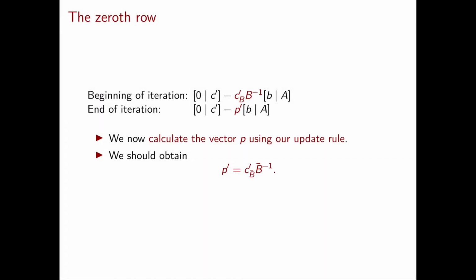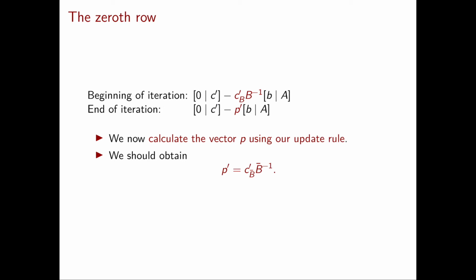In order to prove this, we will explicitly understand how the zeroth row will look after we have performed our elementary row operations. More specifically, we will look at the columns of the zeroth row that correspond to the basic variables b bar 1 until b bar m.